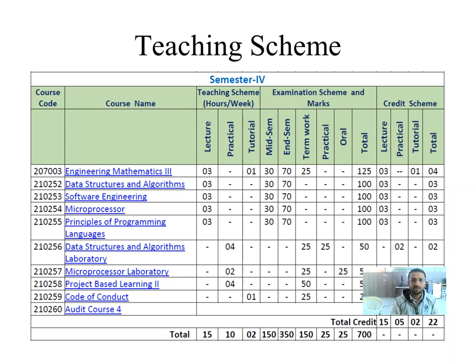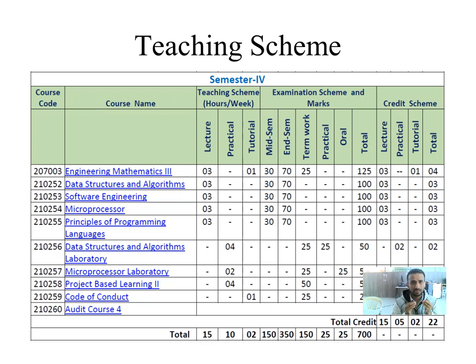Now you can observe the examination scheme and marks. For Principles of Programming Languages, we are going to have a mid-sem examination and an end-sem examination. The mid-sem examination will be of 30 marks, and it will be a theoretical written exam. In the previous pattern, the scheme was somewhat different, a 50-50 pattern.